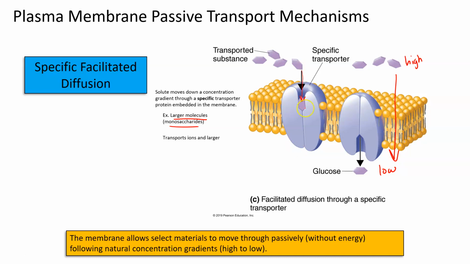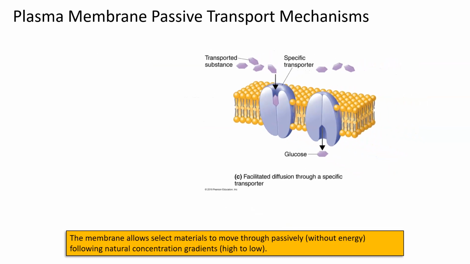Okay, it has to be the right shape. And it kind of opens up and allows these glucose molecules to squeeze through because it's built to allow glucose to move. Okay, that's a very specific molecule to move. Again, it moves high to low down a concentration gradient without energy, and will do that until, again, equilibrium is reached.